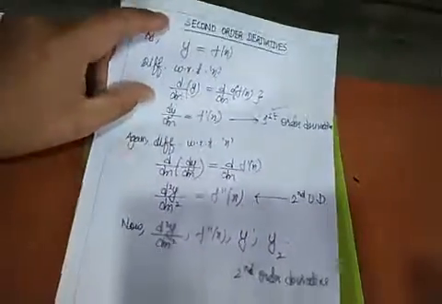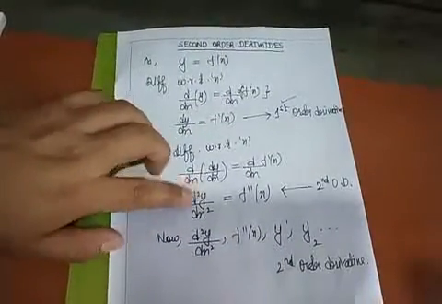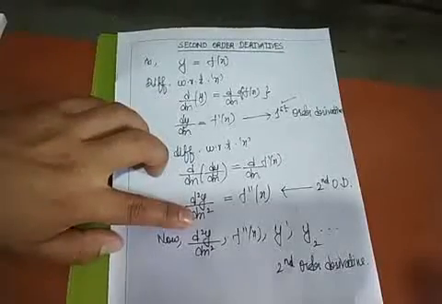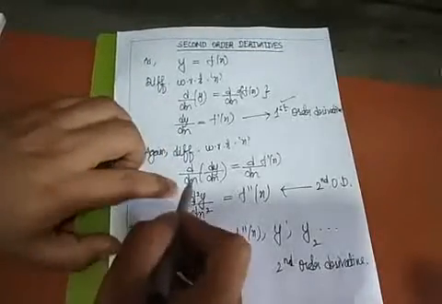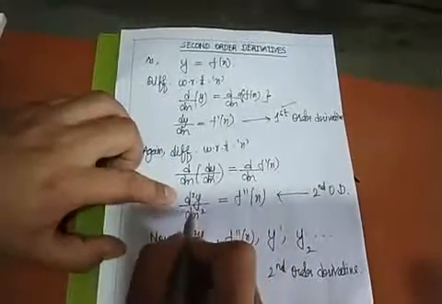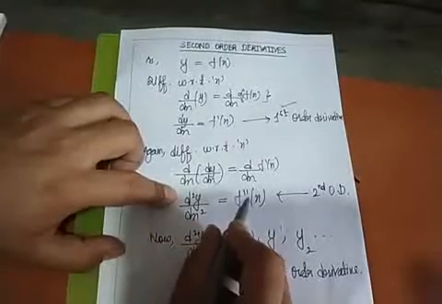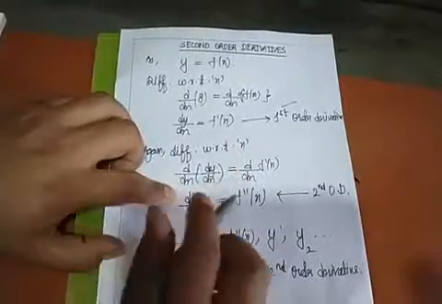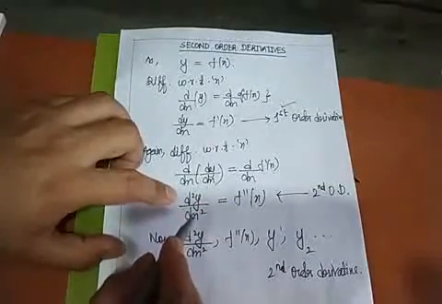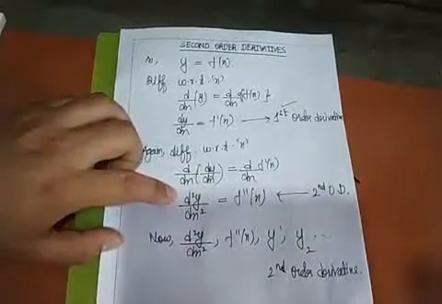A new thing, d2y by dx square, which is equal to f double dash of x. This f double dash of x, or d2y by dx square, is known as the second order derivative.